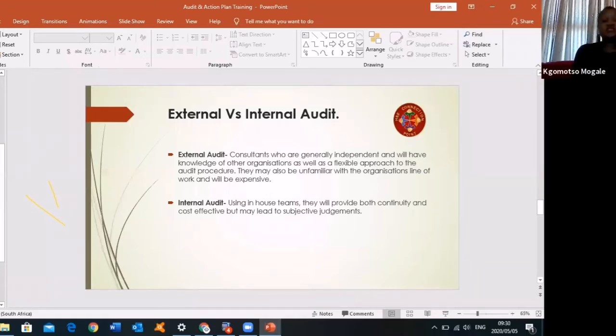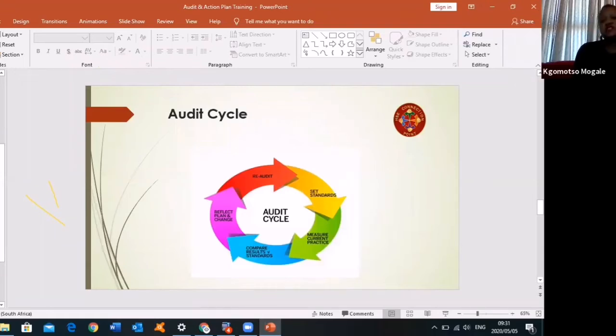So, ladies and gents, the audit cycle. So we know the cycle of auditing. The first one, that yellow arrow, it's the standards that the company has set for itself. Because each and every company has a standard that you have set, and you have to live up to that standard that you have set for yourself as a company.